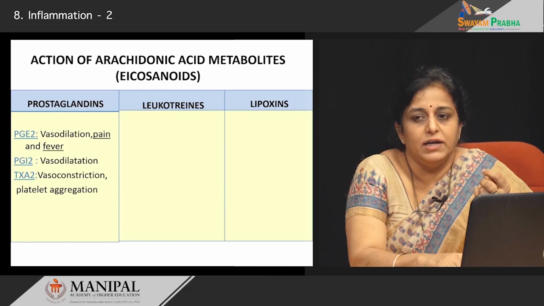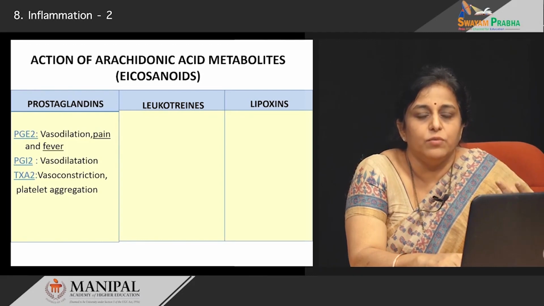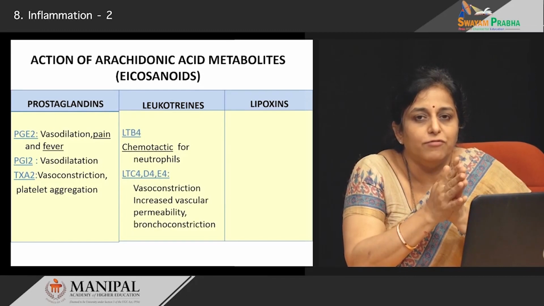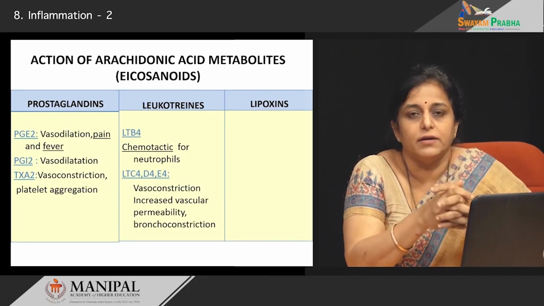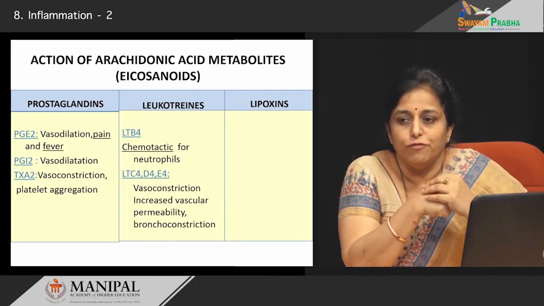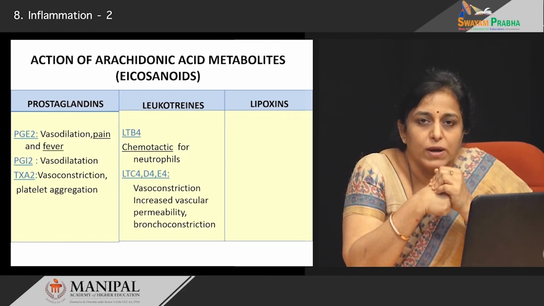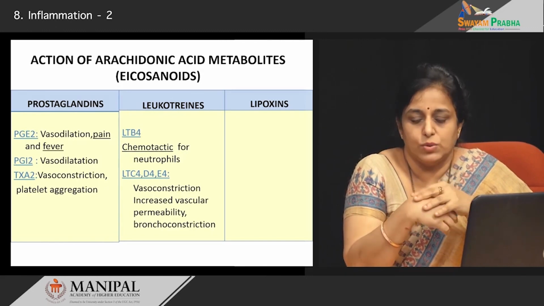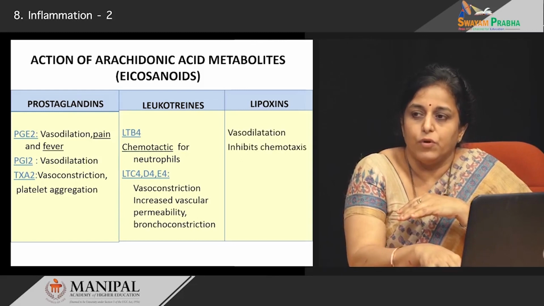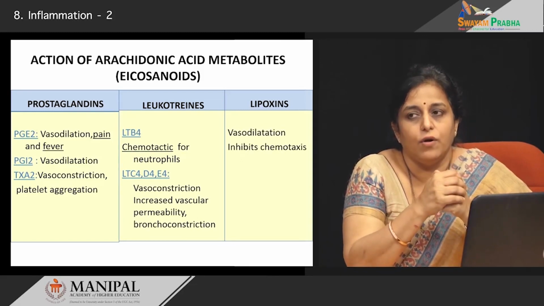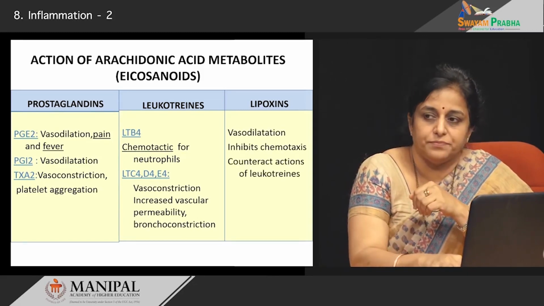PGI2 causes vasodilation. Thromboxane A2, I told you, has an opposing effect to prostacyclin and causes vasoconstriction. Leukotrienes: we learnt LTB4 is an important chemotactic factor, and C4, D4 and E4 cause increased vascular permeability and vasoconstriction. We learnt that lipoxin has an inhibitory effect on inflammation.